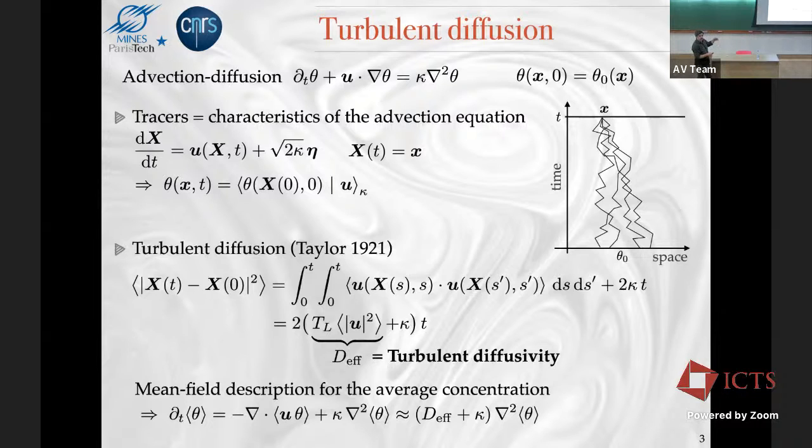Now you see it's a double time integral of a correlation. So if you assume that U is stationary, you can write this integral with respect to s and s prime as an integral with respect to s minus s prime and s, for instance. Then this doesn't depend on the reference time, it just depends on the time lag. So you have a first integral which just gives you a factor t, and a second integral which gives you the integral correlation time.